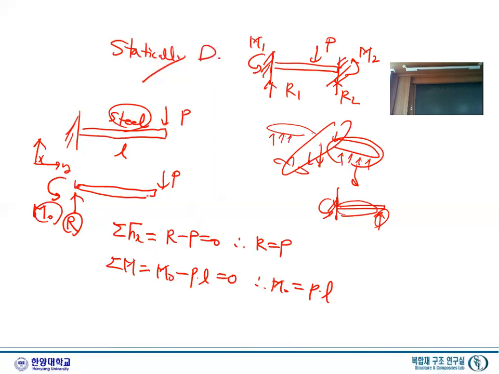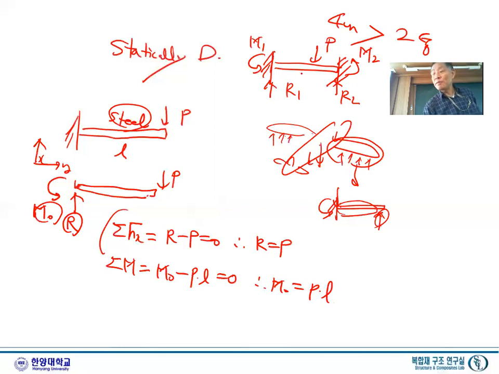How many equilibrium equations do we have? Same, I mean, X, Y, and moment, right? So the equilibrium equations will be only 2. 2 equilibrium equations and 4 unknowns. So this is what? Statically indeterminate. What does it mean physically?